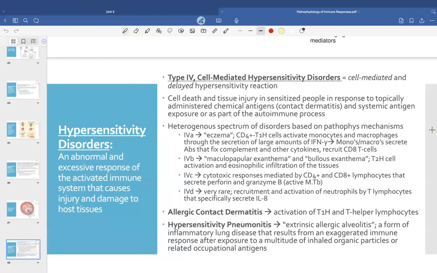Remember, Mycobacterium tuberculosis is an atypical bacteria. It's an acid-fast bacteria, and so we need our T cells to attack and destroy this.